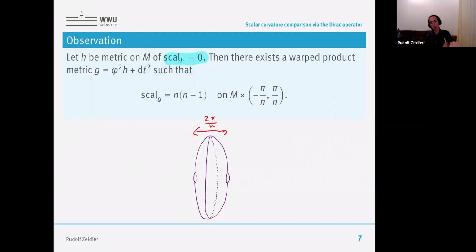Okay, and now we come to a recent question or conjecture of Gromov. Gromov basically conjectured that if you have a manifold which does not admit a metric of positive scalar curvature, then this is basically the best you can do on a manifold of the type M cross interval.